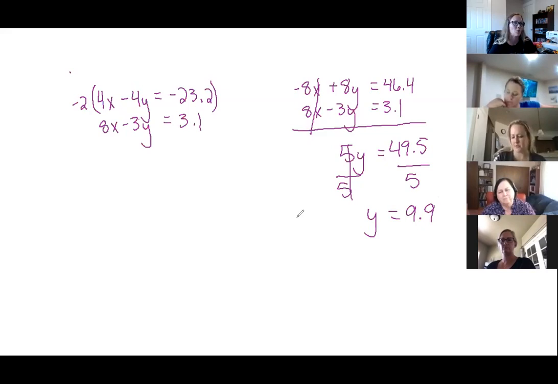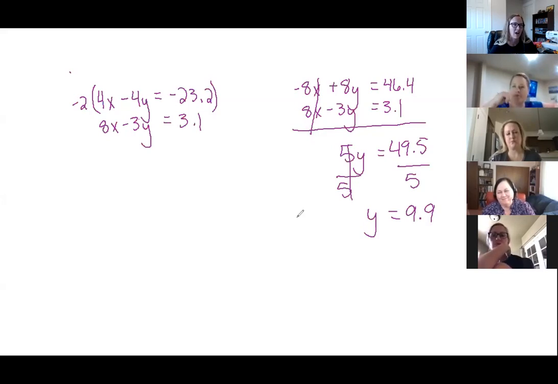Exactly. The ones I did didn't have long decimals, usually just one or two decimal places. If you get something really long, maybe that's a sign something didn't go right.